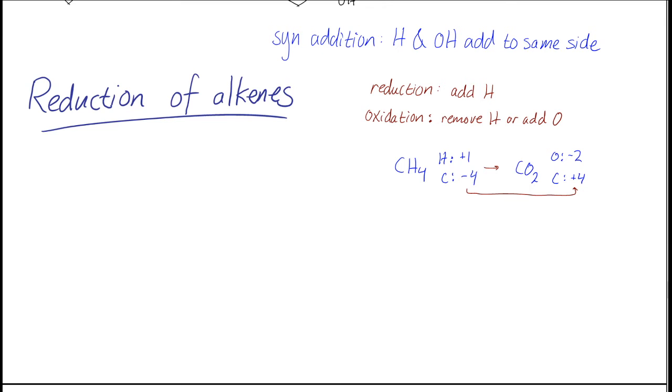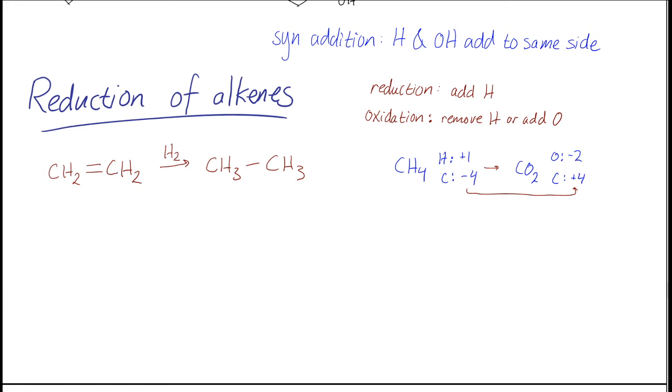Now with our alkenes that we're talking about now, we can take an alkene like ethylene, just a simple one, and we can reduce it by adding hydrogen to ethane. So we went from the alkene to the alkane.